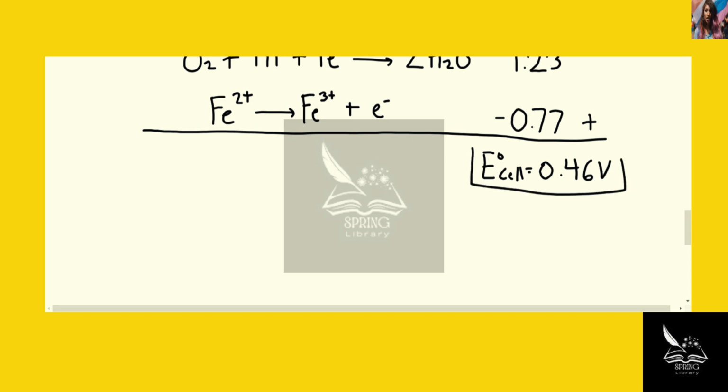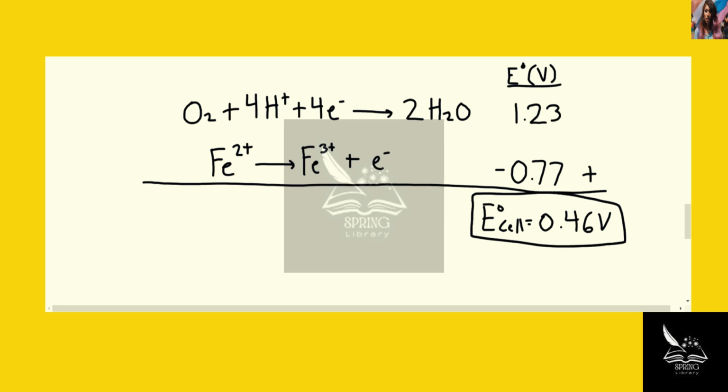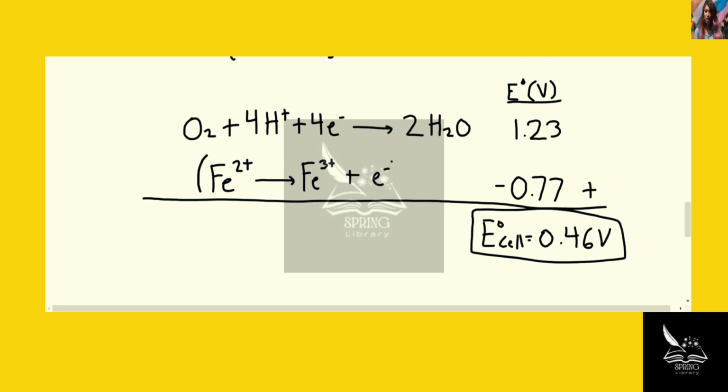And so we can write out the overall reaction, since we know that this reaction will occur. We multiply the second equation by 4 to cancel out 4 electrons on either side.